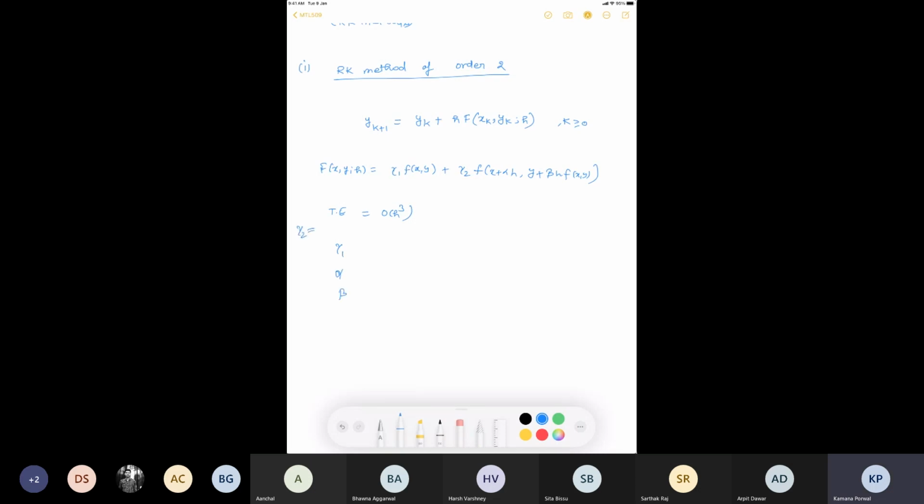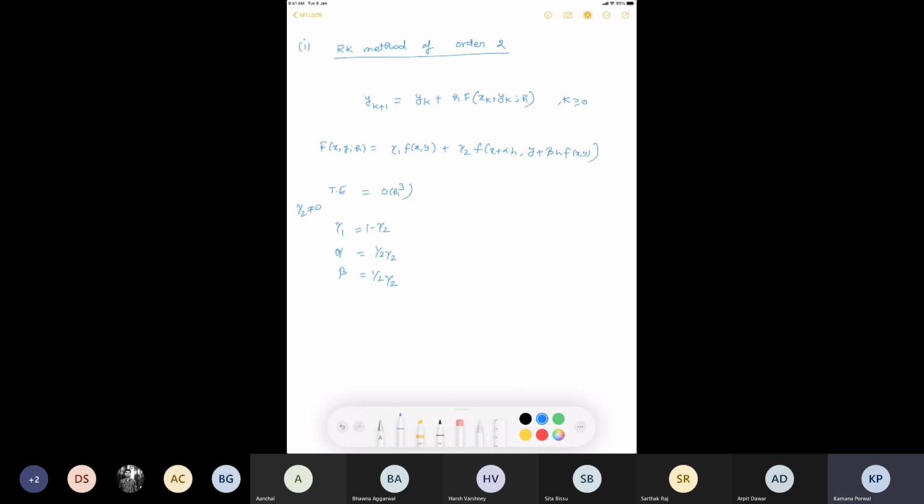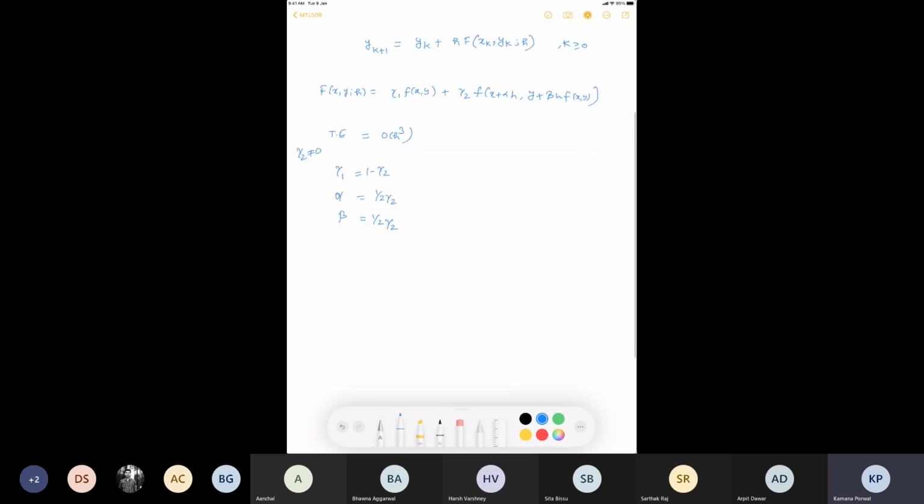We obtain that gamma 1 is 1 minus gamma 2, alpha is 1 divided by 2 gamma 2, and beta is the same as alpha. Gamma 2 is arbitrary here. So for any non-zero gamma 2, this method with these parameters is going to be of order 2.